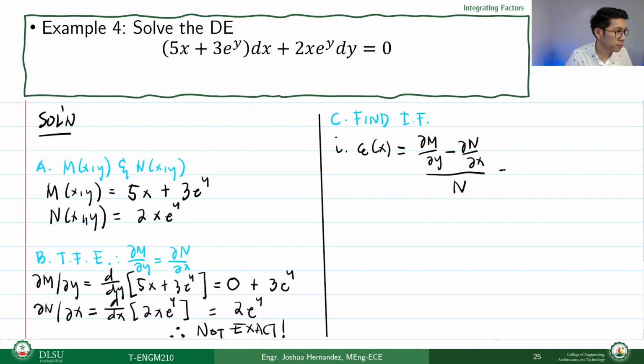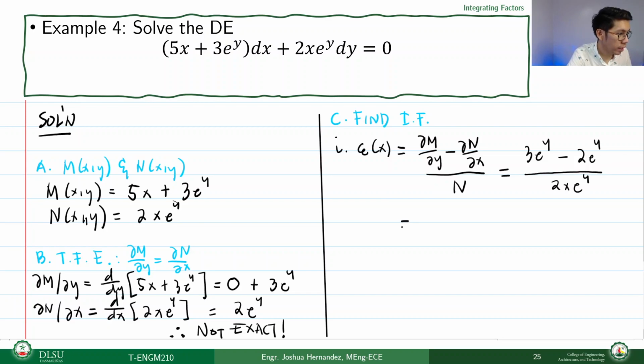We have partial derivative of m with respect to y, which is this one, 3e to the y. So 3e to the y minus 2e to the y all over our n value, which is this one, 2x e to the y.